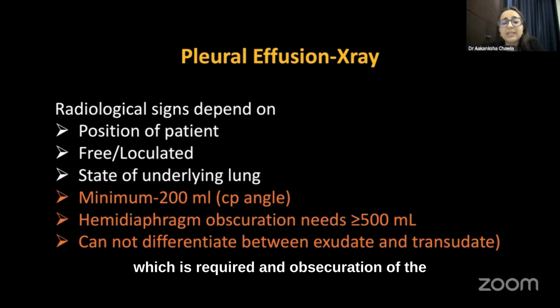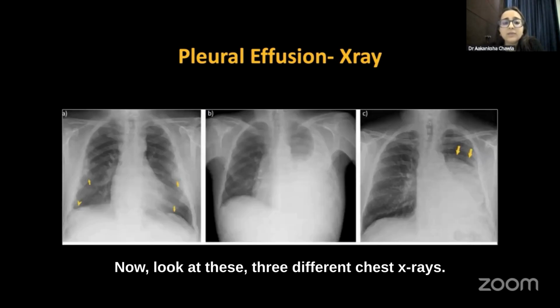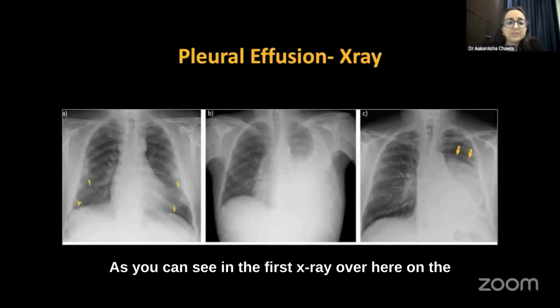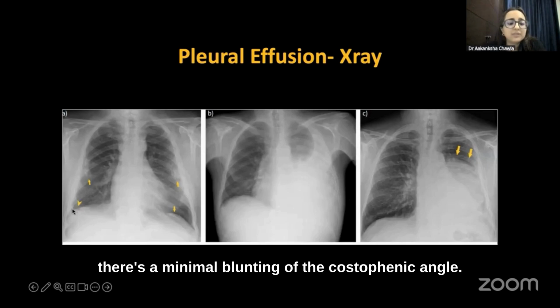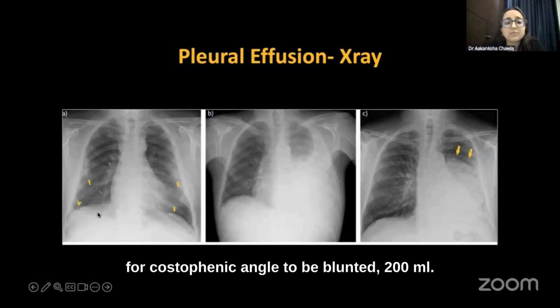Obscuration of the hemidiaphragm requires at least 500 ml. Now look at these three different chest X-rays. In the first X-ray on the left, there's a minimal blunting of the costophrenic angle, so minimal effusion, but again, for the costophrenic angle to be blunted, 200 ml.